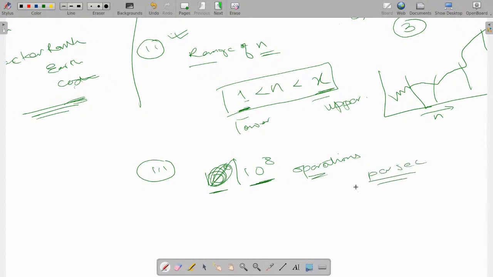So your code should only execute 10 to the power 8 operations or fewer per second. Then only your code will be accepted by those platforms.